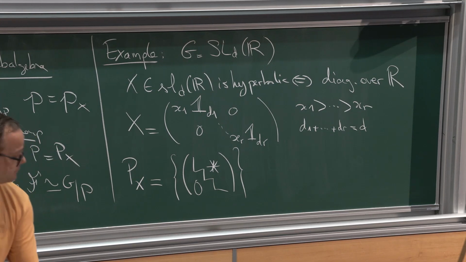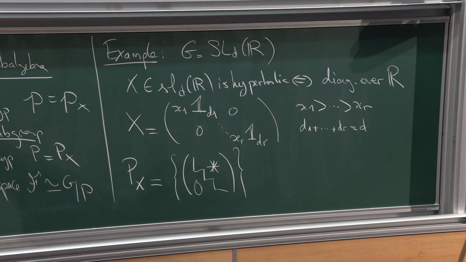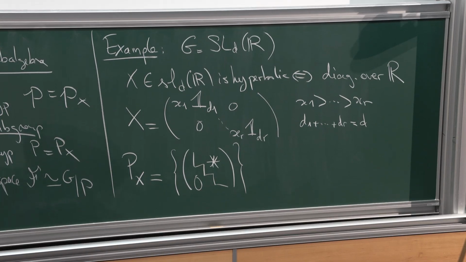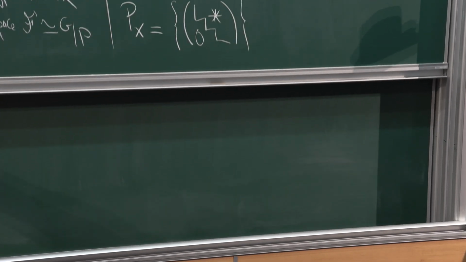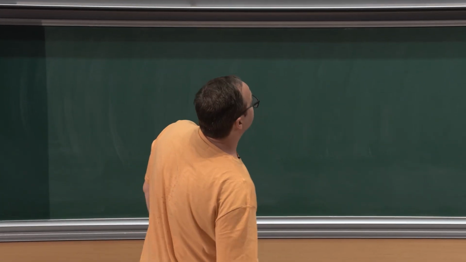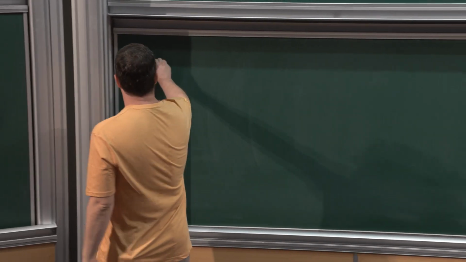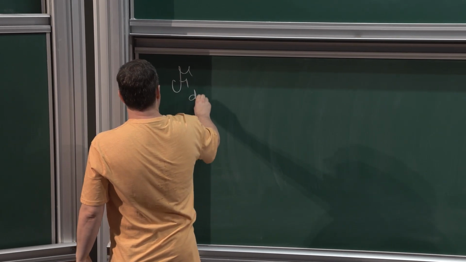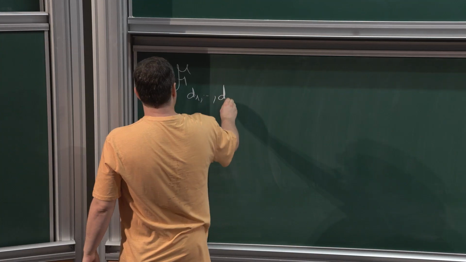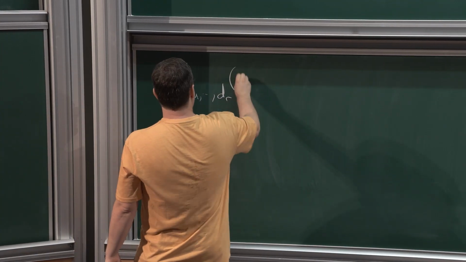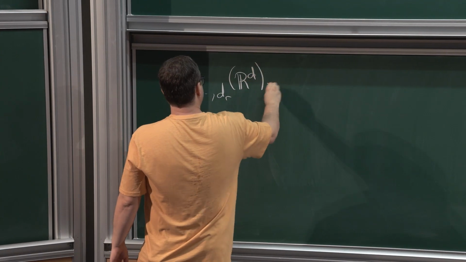But when we talk about flag manifolds, usually if you're working with SL_d(R), you don't want to think about flag manifolds abstractly, you just want to actually realize them as flags. So you would have a flag manifold behind this, which is what we could call F_{d_1,...,d_r}(R^d).